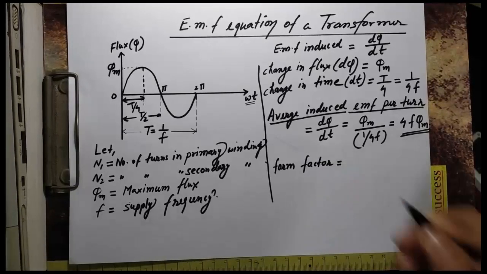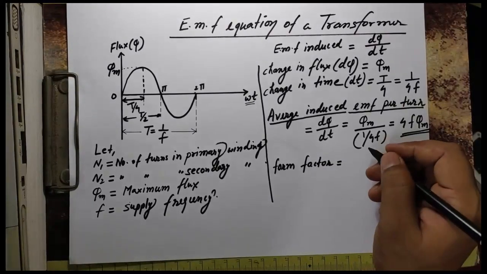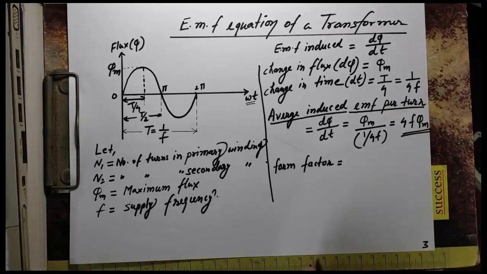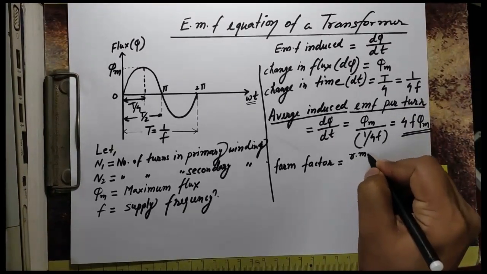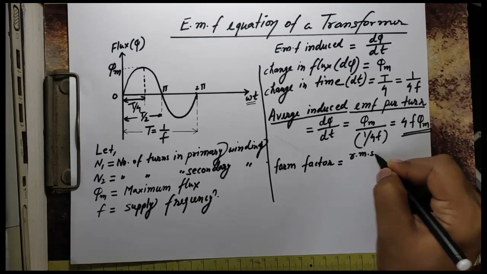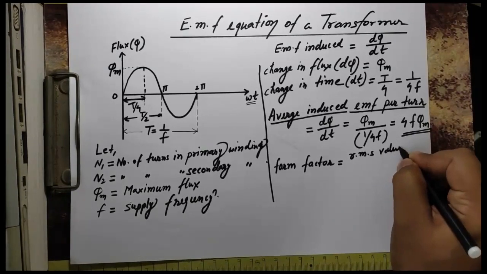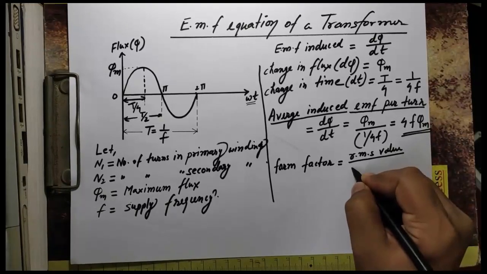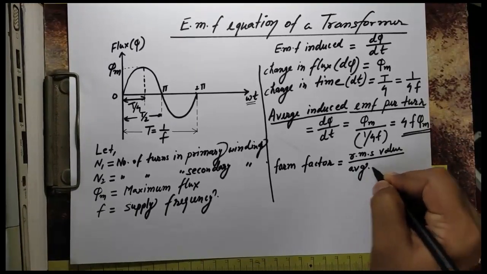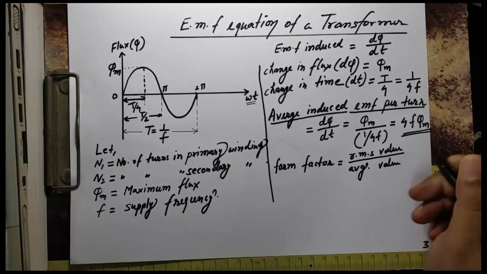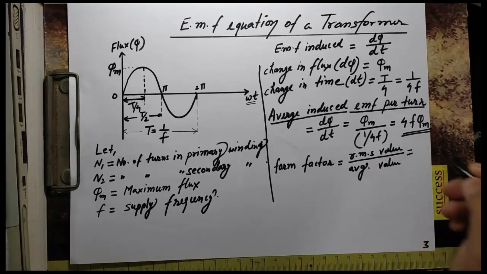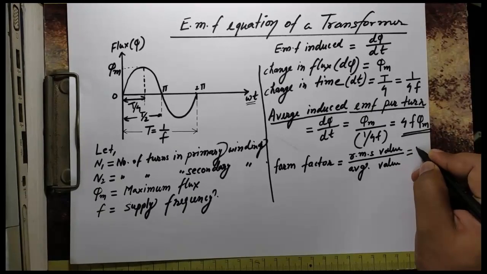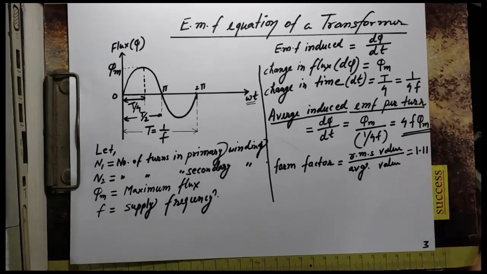Form factor is the ratio of RMS value by average value. And for a sinusoidal signal, the value is 1.11.